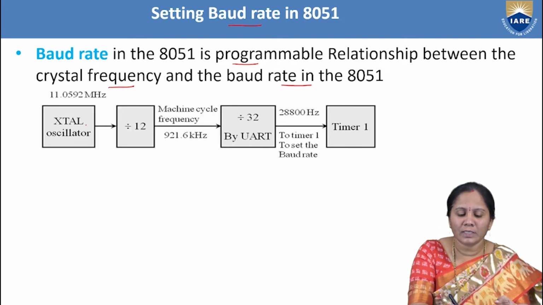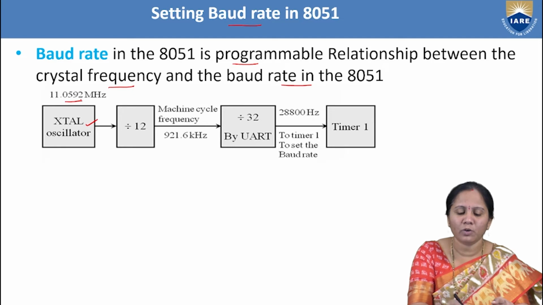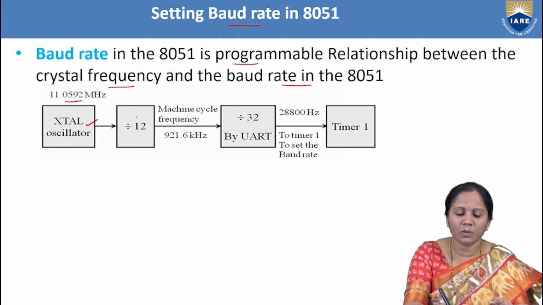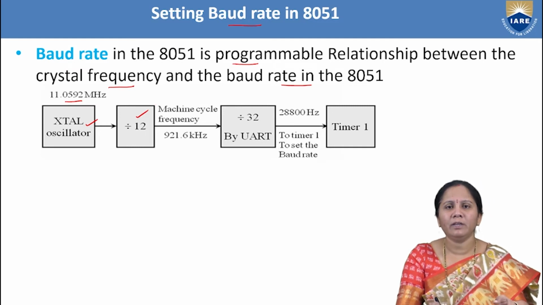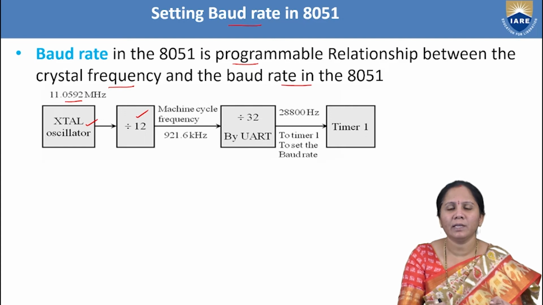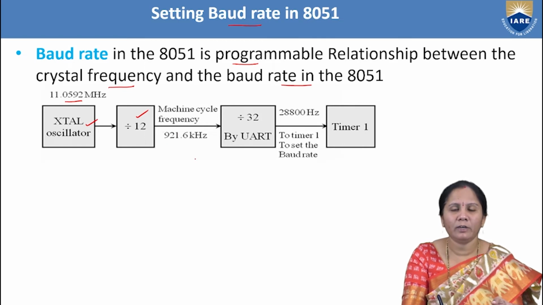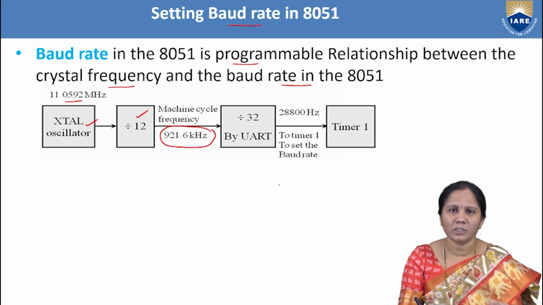Now, if you see here, this is the crystal oscillator. The frequency of this crystal oscillator is 11.0592 megahertz. This crystal oscillator frequency will be divided by 12. Why should it be divided by 12? Because one machine cycle consists of 12 pulses. So when this 11.0592 megahertz is divided by 12, the resulting frequency we get is 921.6 kilohertz.